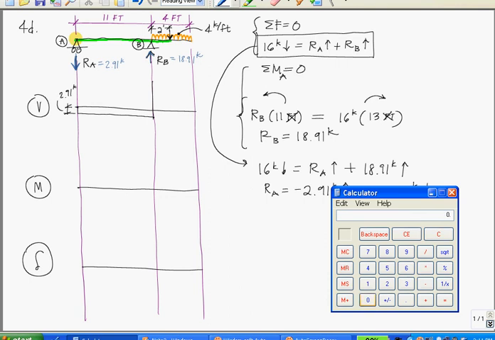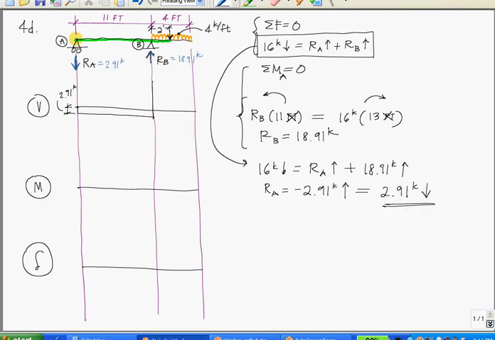Let's start with a negative 2.91, and we can add 18.91. We get positive 16 kips.